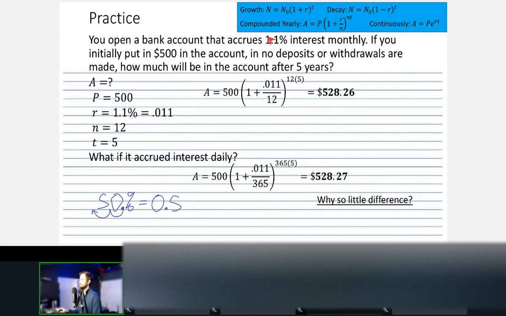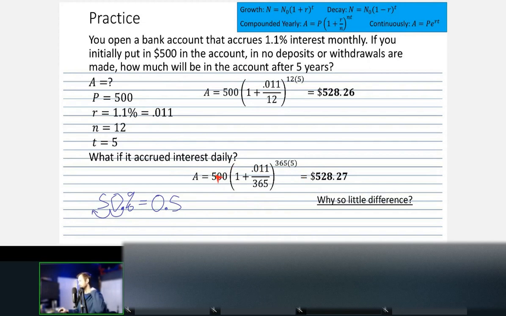Now let's say it was like 8% monthly and you compounded monthly versus compounded daily. At 8% it will have a larger impact than 1.1%. Also, the amount invested, $500, in the grand scheme of things, is not a whole lot.